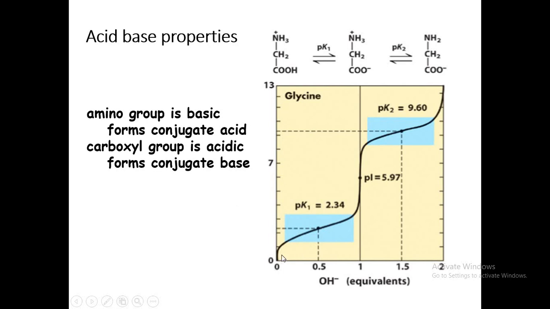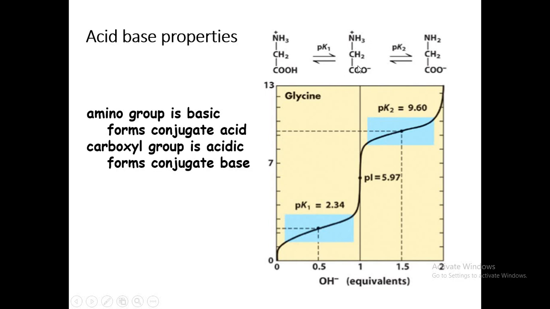And then what will happen when pH increases? The amino acid carboxylic group starts losing its proton.